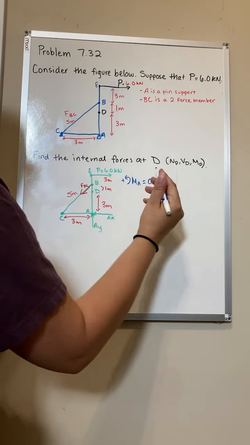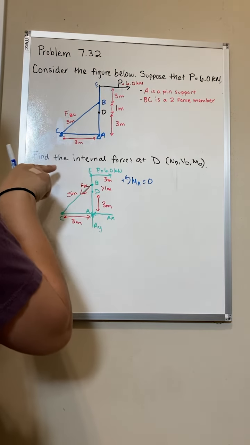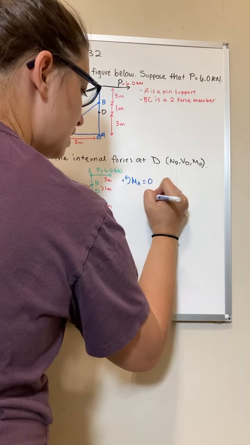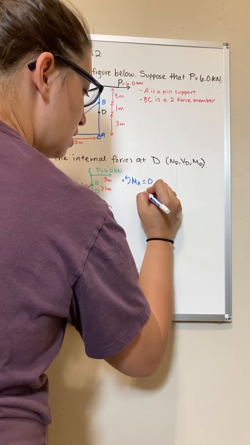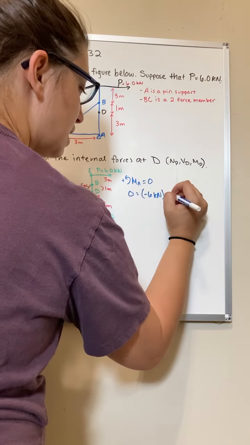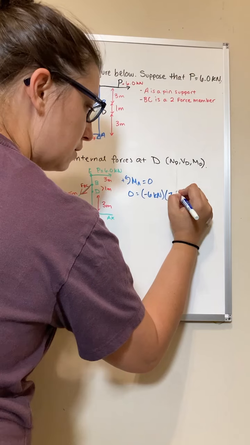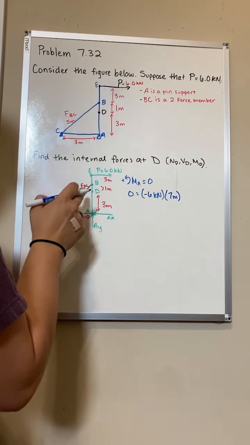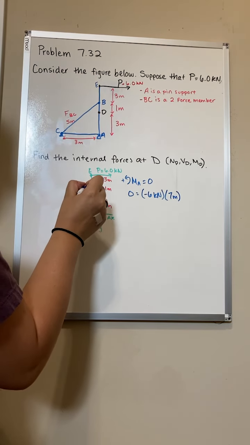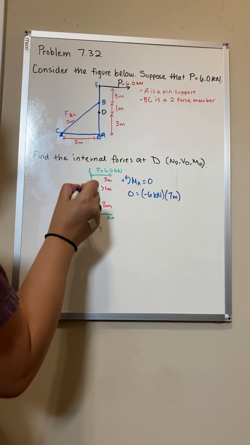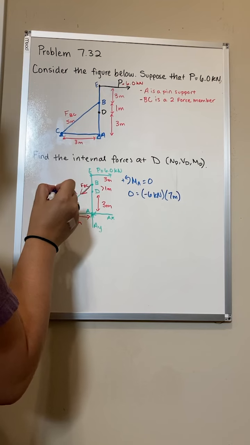We have P, which would push in a clockwise manner, so it's going to be negative 6 kilonewtons times the distance, which is 3 plus 3 plus 1, 7 meters. Then the vertical component of force BC would actually intersect A, so we're not concerned with it. We're going to be concerned with just the horizontal portion of it.